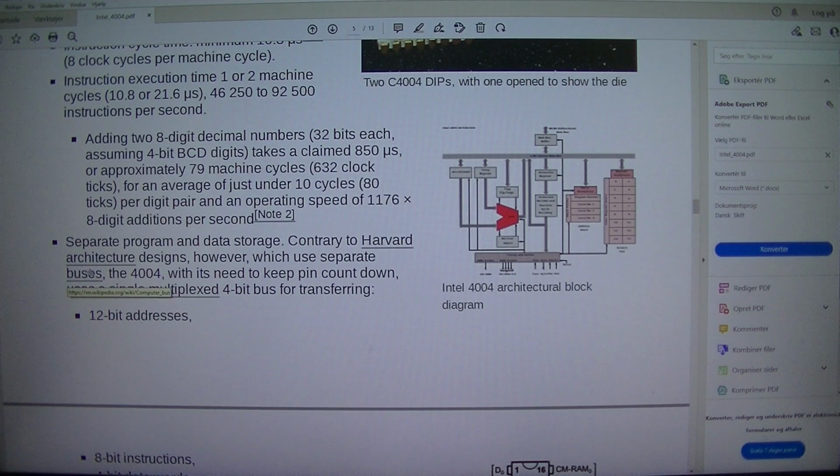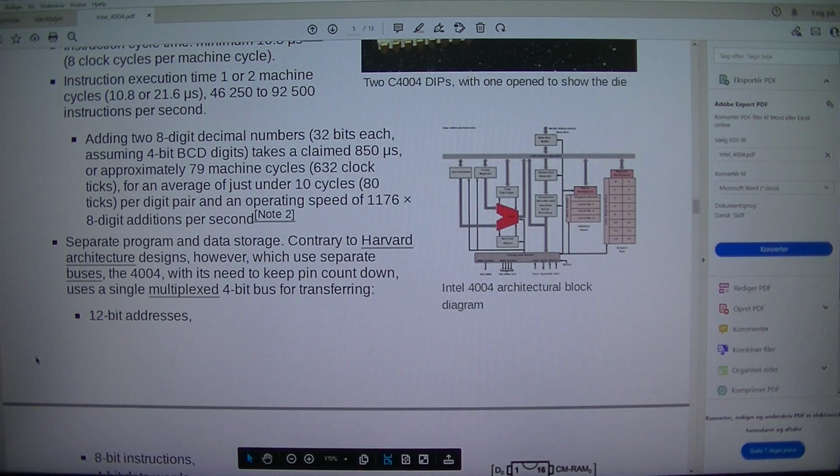Note 2. Separate program and data storage. Contrary to Harvard architecture designs, however, which use separate buses, the 4004, with its need to keep pin count down, uses a single multiplexed 4-bit bus for transferring 12-bit addresses.